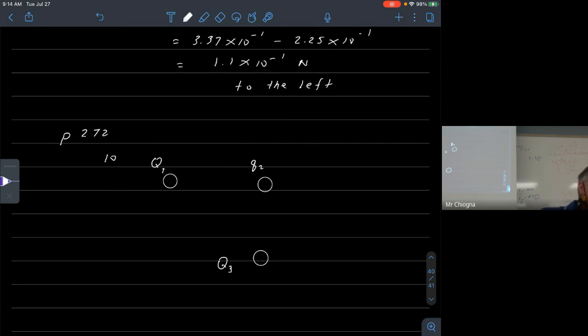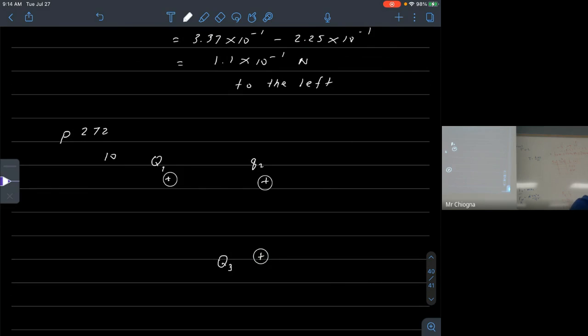Just a second point here, they're all positive. The first step is to calculate the forces. So this is what I would do. Here's your clue. This is the force on 2 due to 1.